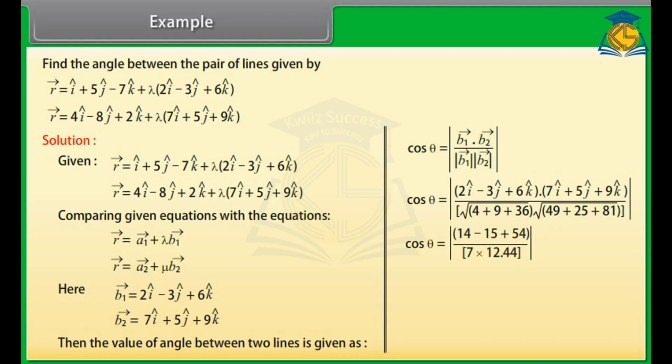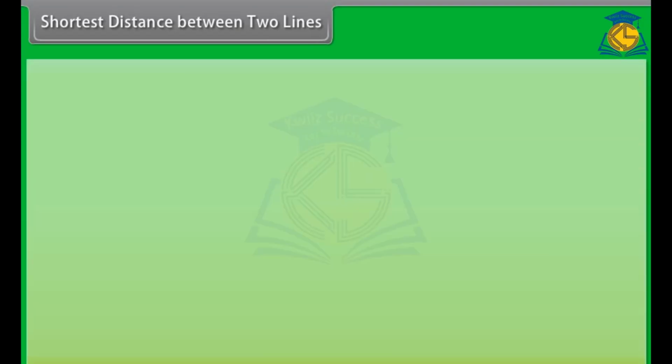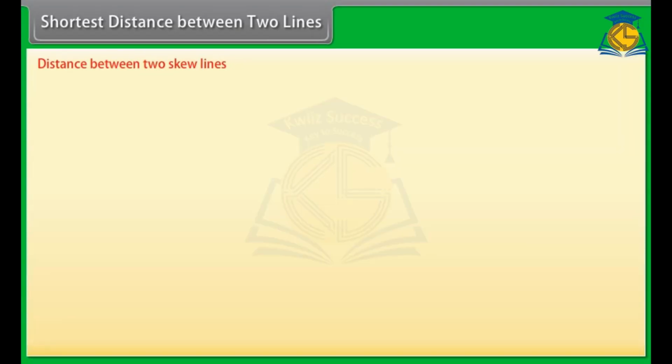Cos theta equals modulus of (14 minus 15 plus 54) divided by 7 into 12.44, which equals modulus of 53 by 87.08. Theta equals cos inverse of 53 by 87.08. Theta equals 52.51 degrees. Shortest distance between two lines. Distance between two skew lines.